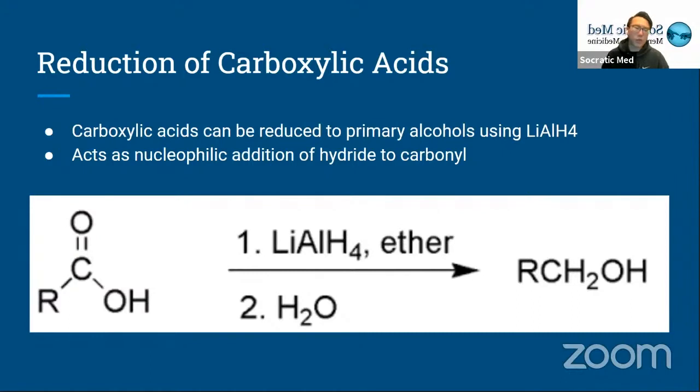So this is the reverse reaction of creating a carboxylic acid. When you use a strong oxidizing agent, you can turn a primary alcohol into a carboxylic acid. But when you react a carboxylic acid with a strong reducing agent, you can reform the primary alcohol.